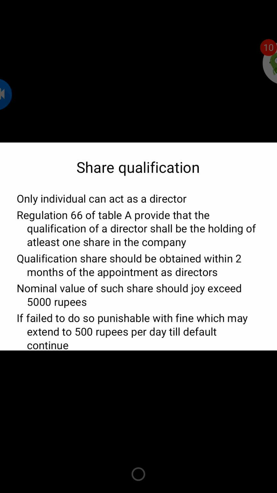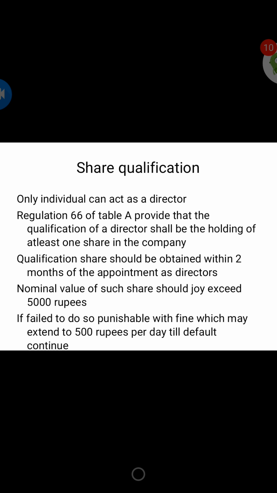But in Table A, the 66th regulation says that if a person wants to be the director of a company, that person should have shares, or should purchase at least one share of the company.